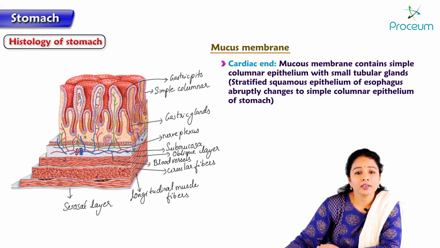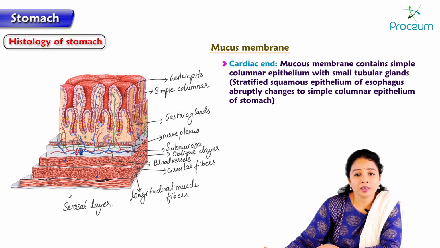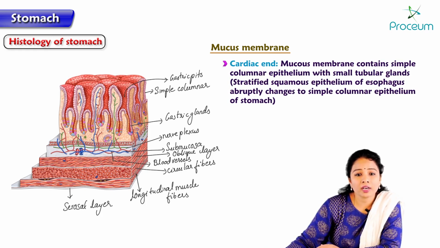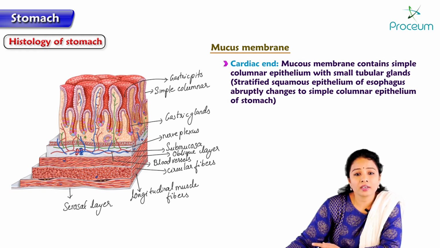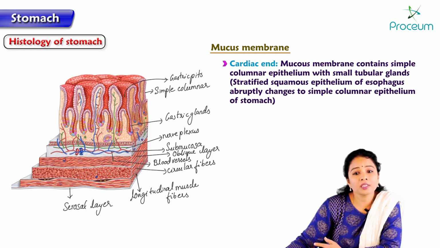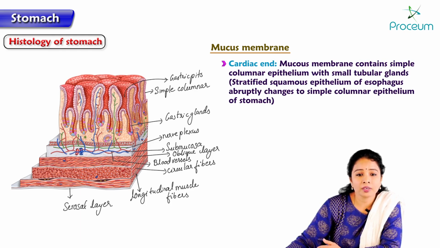In the cardiac end, the mucous membrane contains simple columnar epithelium with small tubular glands, where the stratified squamous epithelium of the esophagus abruptly changes to the simple columnar epithelium of the stomach.